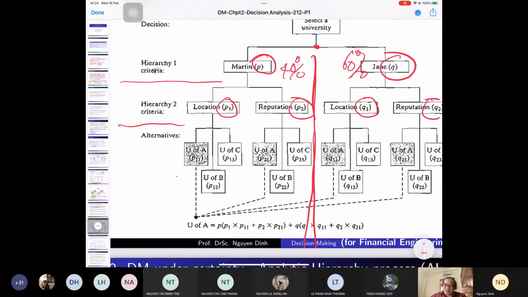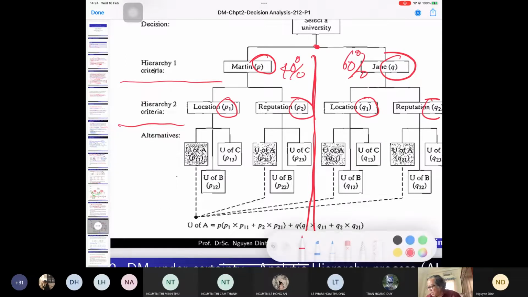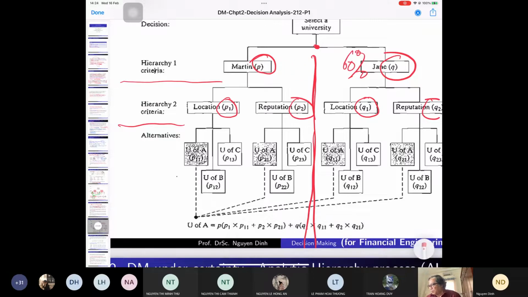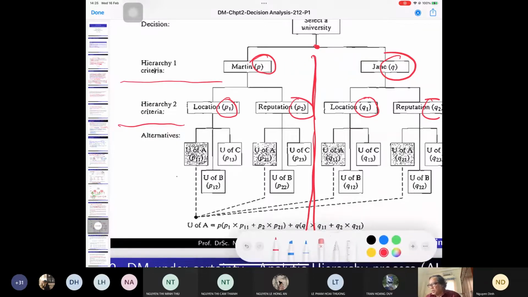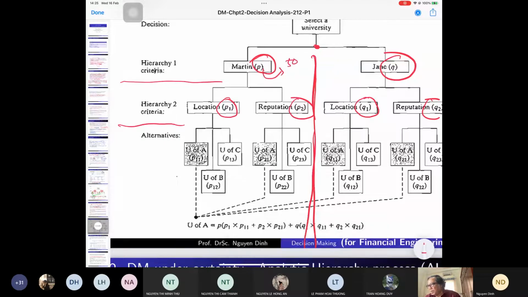The parents decided that, but in this case they don't want to distinguish, so in our case we can say that these two are the same. We can consider here P is 50% and Q is also 50%, 0.5, 0.5. But I mean that in this hierarchy, the weight may be different.